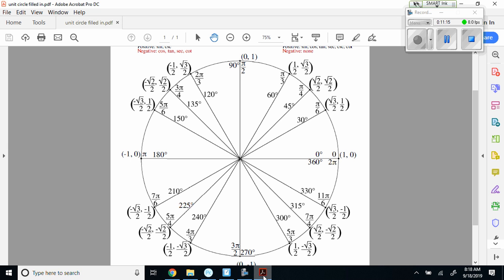I need you to look at the unit circle and see if you can come up with a pattern.